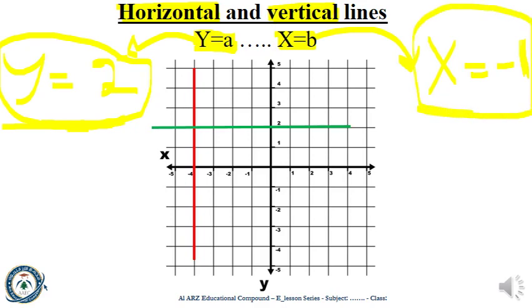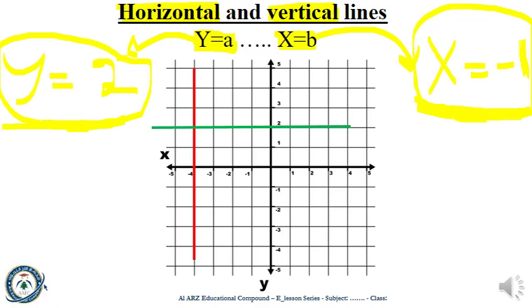If it's vertical, it comes as x equal a number. Okay, so in this case, there isn't a relation between x and y. There isn't an equation that has x and y at the same time, at least. So it's not y equal mx plus b. It's not the second form of the equations. No, it's y equal or x equal.